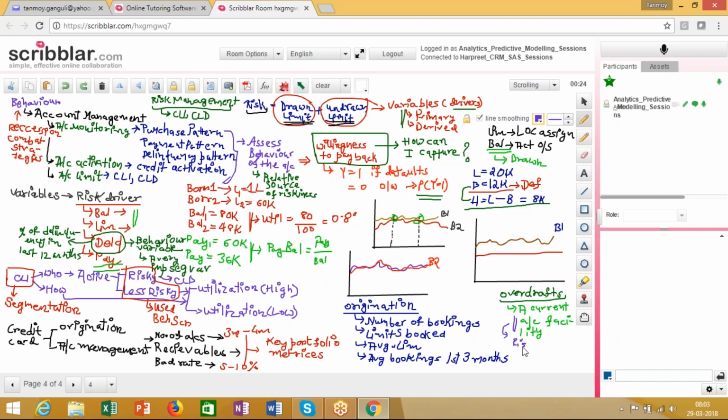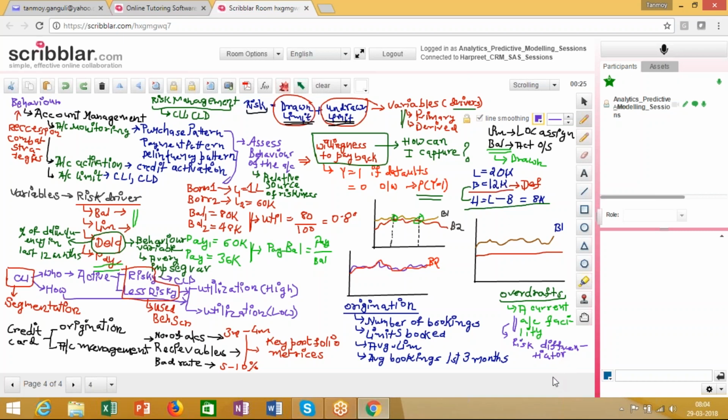As we see, the overdraft facility has a very distinct risk differentiator. How is this a good risk differentiator? What exactly is this product? These are things that we would be talking about today.